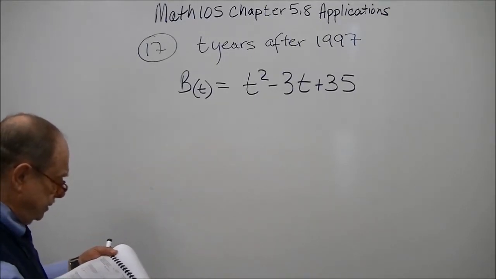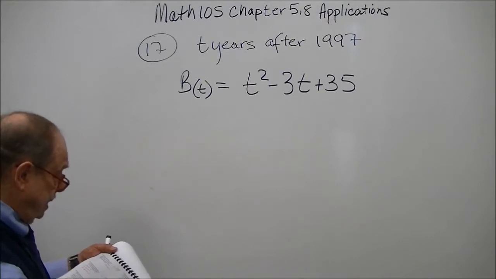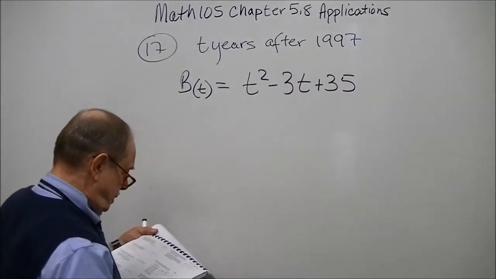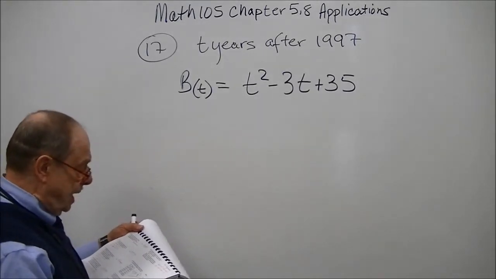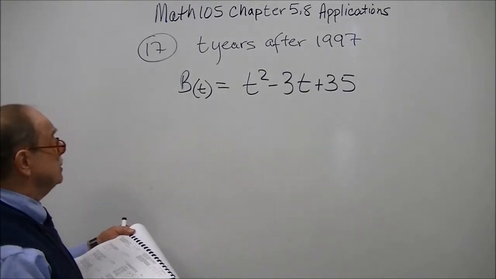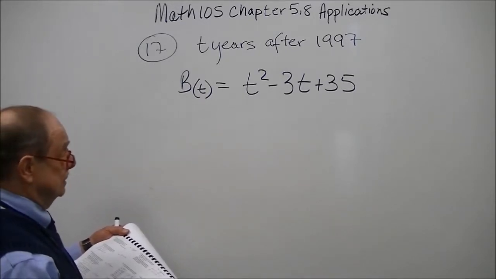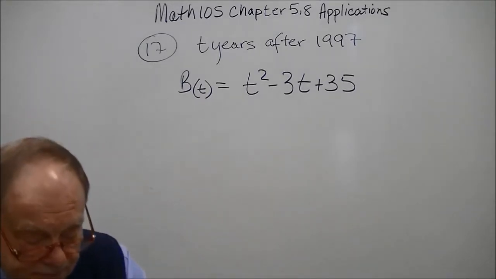How many years after 1997 were 45 million barrels of ethanol fuel produced? Wow.